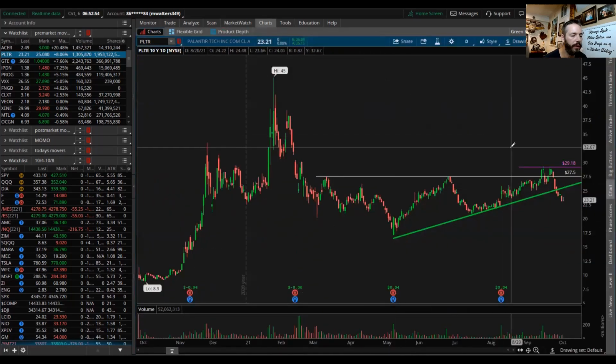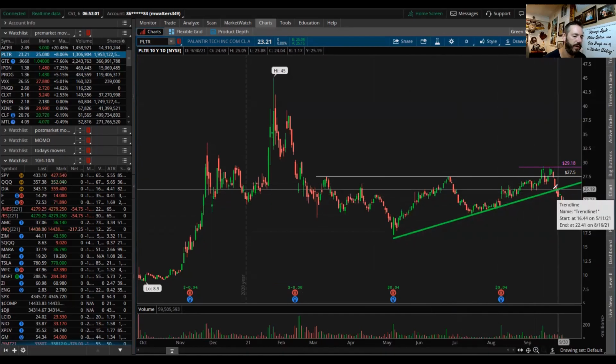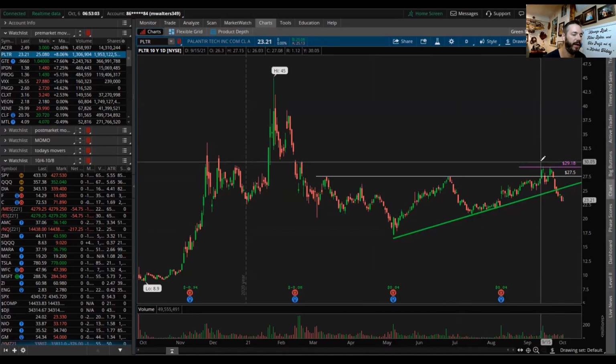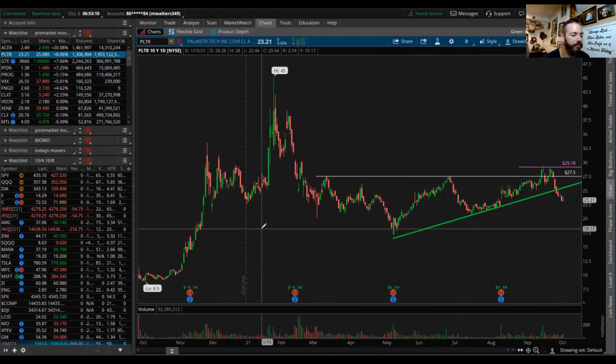Now we go and look at the daily chart. This uptrend here got broken. This happened after the breakout. The breakout didn't hold and sold off. That's not very good.